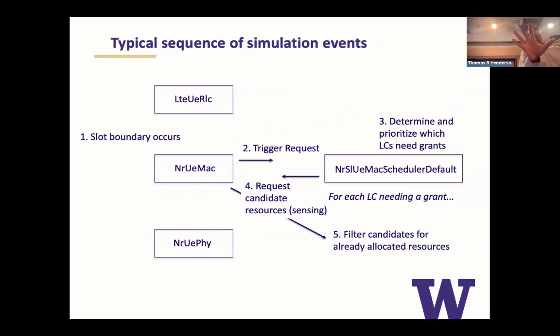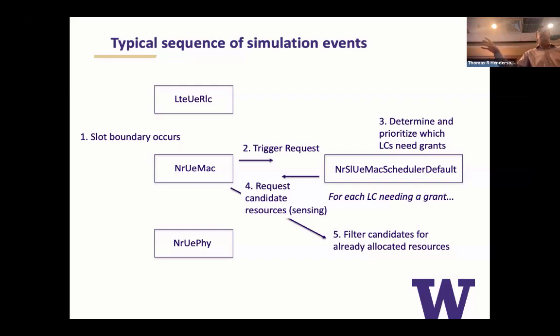So I'm not going to show the simulation code that executes this, but if you look in that implementation, it follows the specification very closely. So once these resources come back, the scheduler further has to filter these candidates for already allocated resources. There may be other logical channels that have been scheduled and haven't transmitted yet.